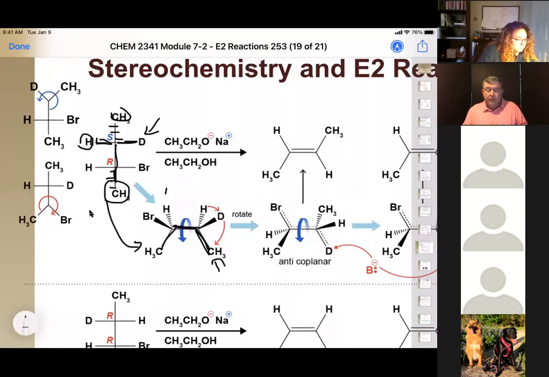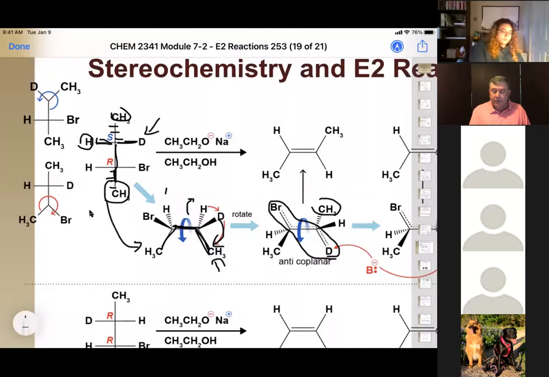So we have to rotate our deuterium down to be anti to our bromine. When we do that, that methyl group goes back and ends up in the back configuration. This methyl group is now in the front configuration. That's going to give us the trans isomer. So by removing the deuterium here, it's going to give us the trans isomer.